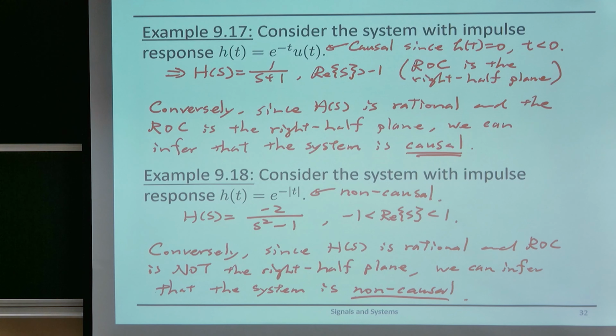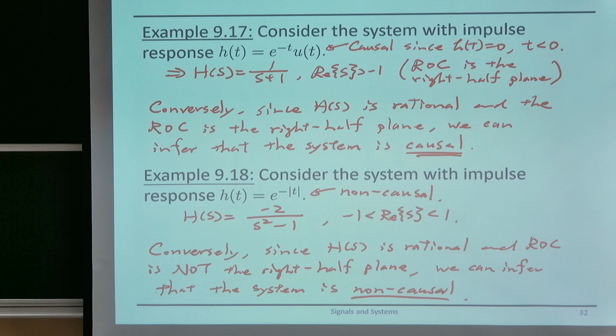Now, in this second example, the Laplace transform is also rational, but since the ROC is not the right half plane, you can infer that it is non-causal. So this equivalence holds only when your Laplace transform is of rational form.